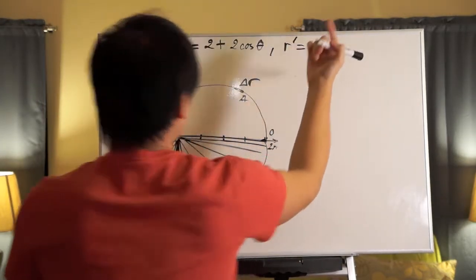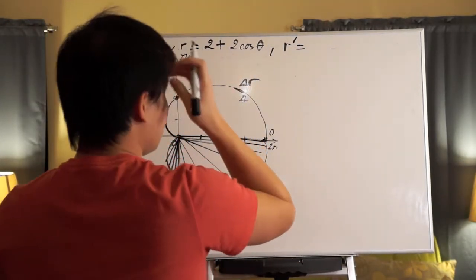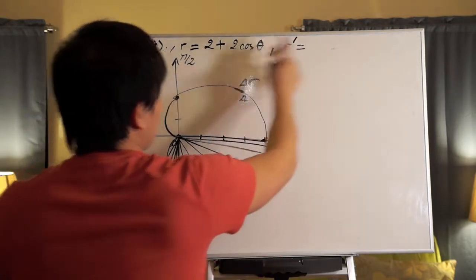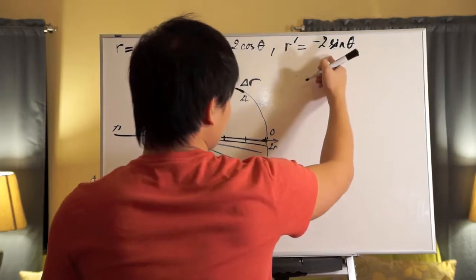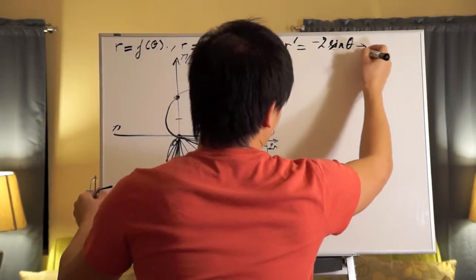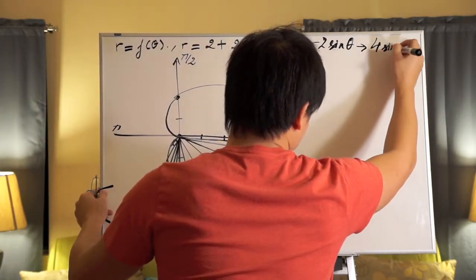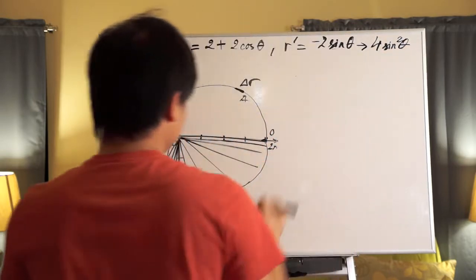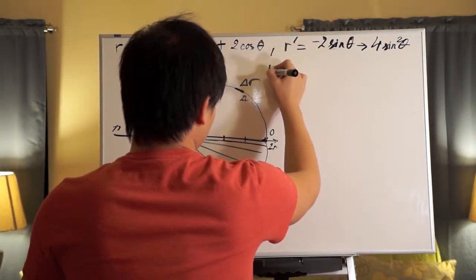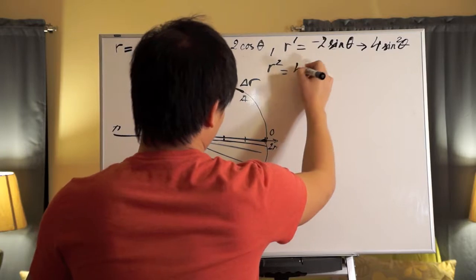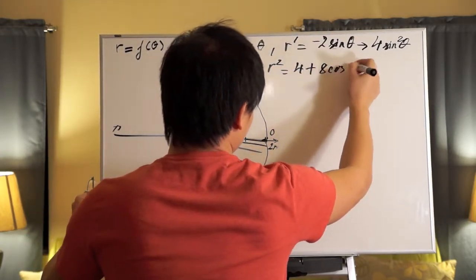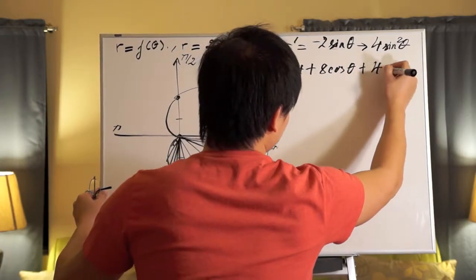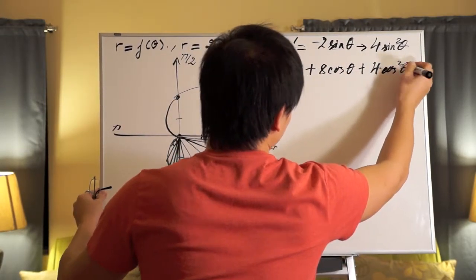R prime, dr d theta, will be minus 2 sine theta, and we square that, it will be 4 sine squared theta. And r squared will be 4, 2 times 2 times 2 is 8 cosine theta, plus 4 cosine squared theta.